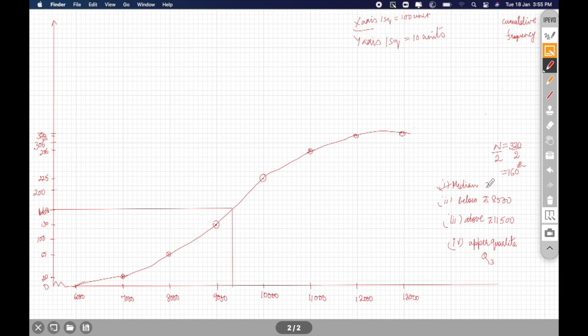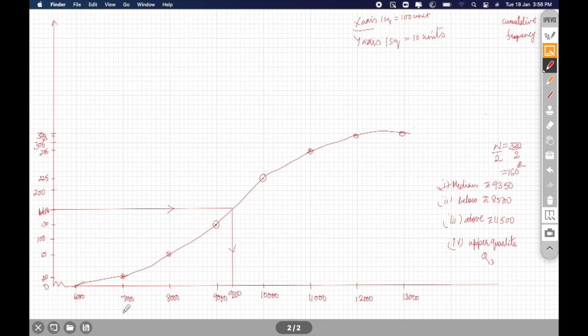So rupees 9,350 is the median. So we have come from the y-axis to the x-axis here. This is the median, 9,350.